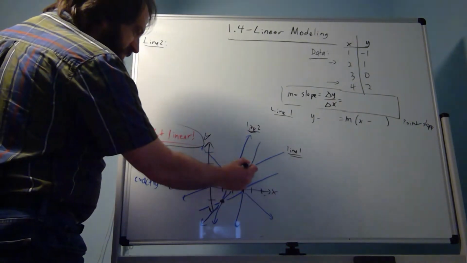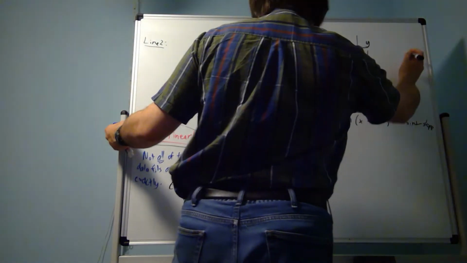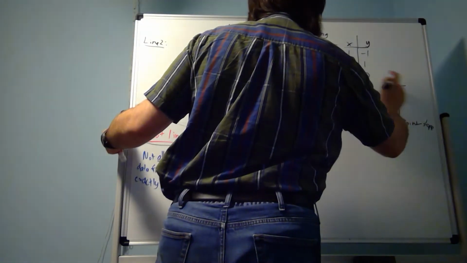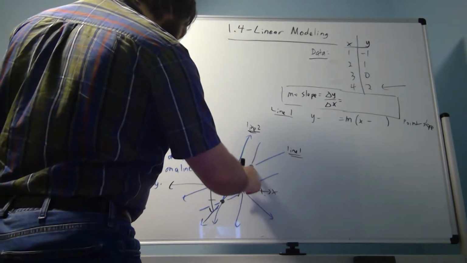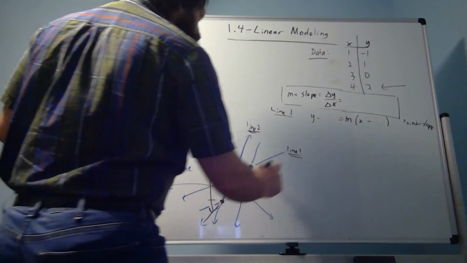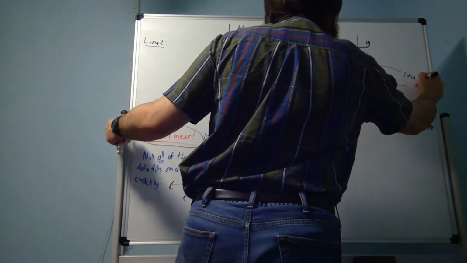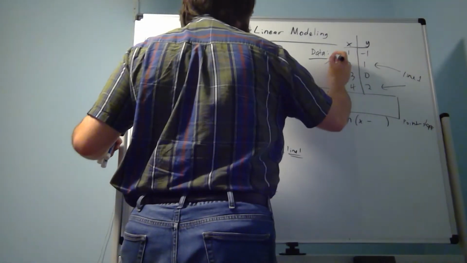So for this thing that I called line 1, I have the point where x is equal to 4, and I have also the point where x is equal to 2. Calling that line 1, and then this thing I'm calling line 2, x is 1, and then x is 2.